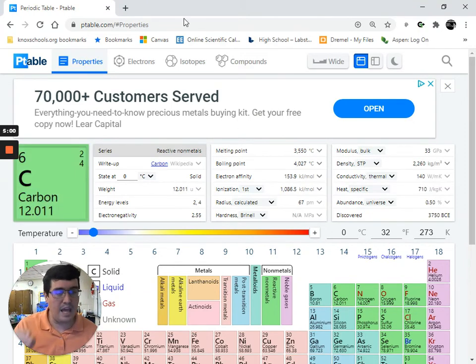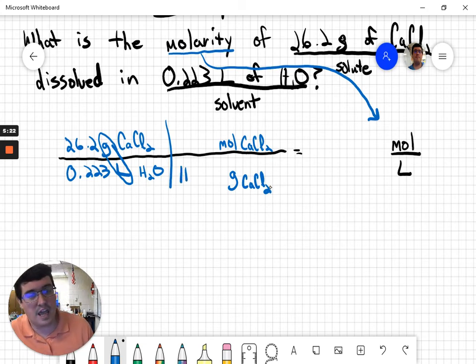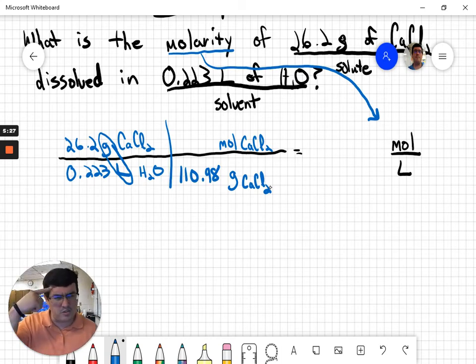So, excuse me, I'm plugging them into my calculator right here. 40.08 plus 35.45 times 2. Because if we remember, when we jump back over here, there are 2 chlorines, so we got to remember to multiply that one by 2. And I get 110.98 grams of calcium chloride. What goes in front of moles? Oh yeah, a 1. Hopefully you remember that from the test.